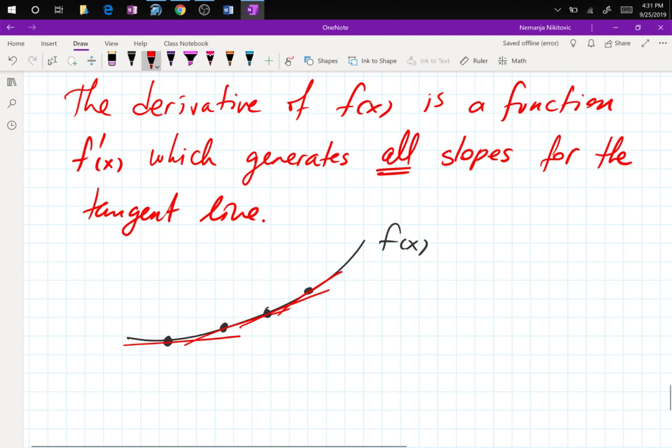So now, looking at this, we would like to know, well, what is a tangent line? And the tangent line is the line which measures the change. It measures that instantaneous change, the instant in time. And here are some facts.